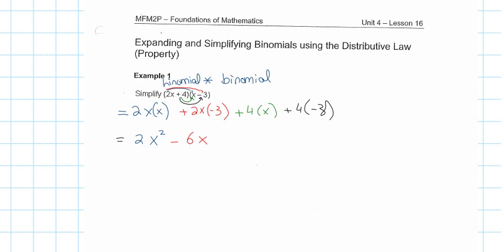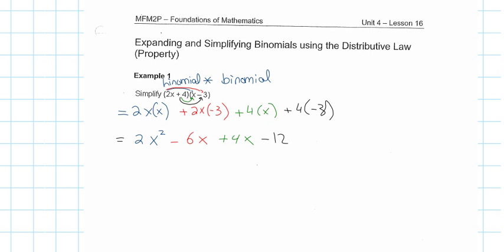How about the next term? Plus 4x. How about the next term, which is 4 times negative 3? Negative 12. Okay?